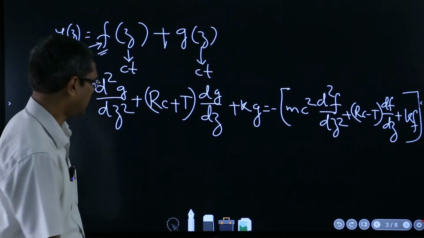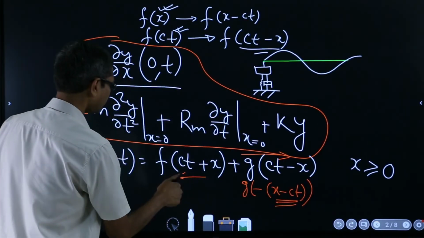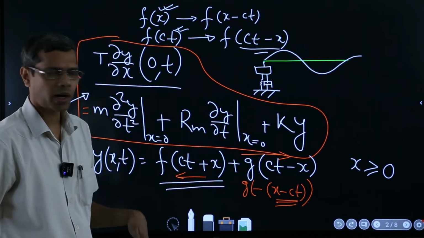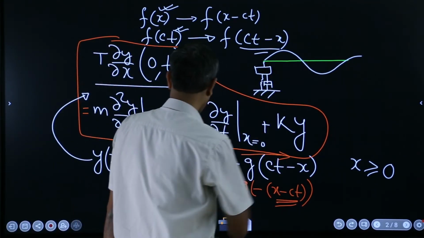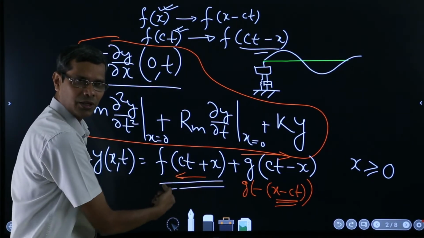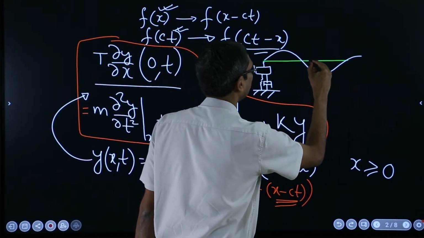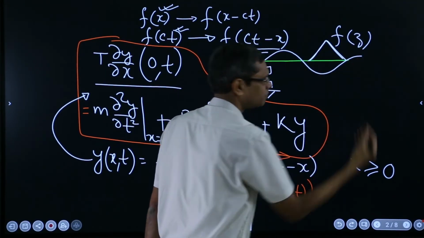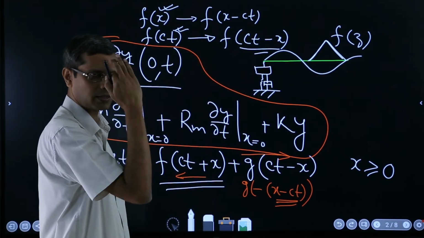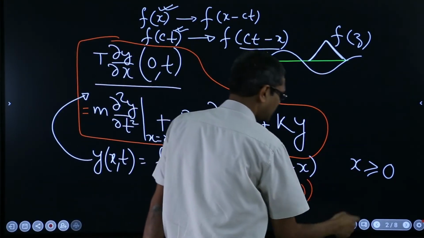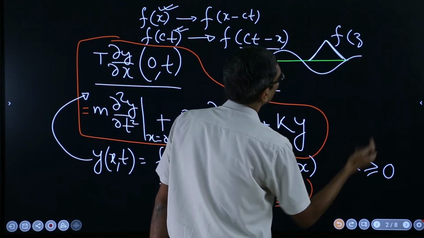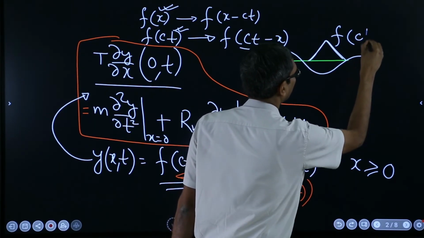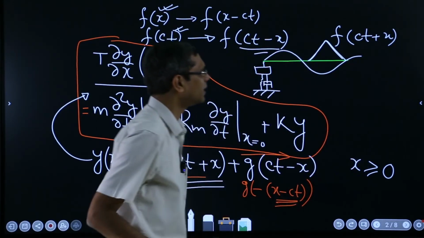now what is the benefit? Just one moment, you can see here. See, this part is the known part, right? This is the left moving wave. So somehow you will define that to be, say, like this. Suppose this is your f(z), at not x equal to 0, I'll say ct plus x over l, right?